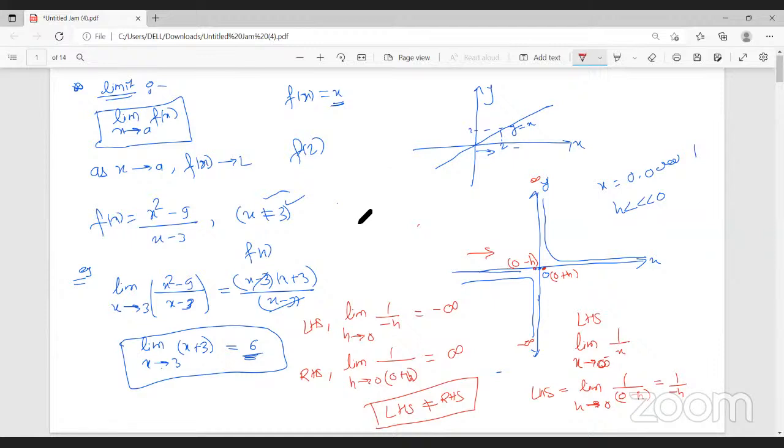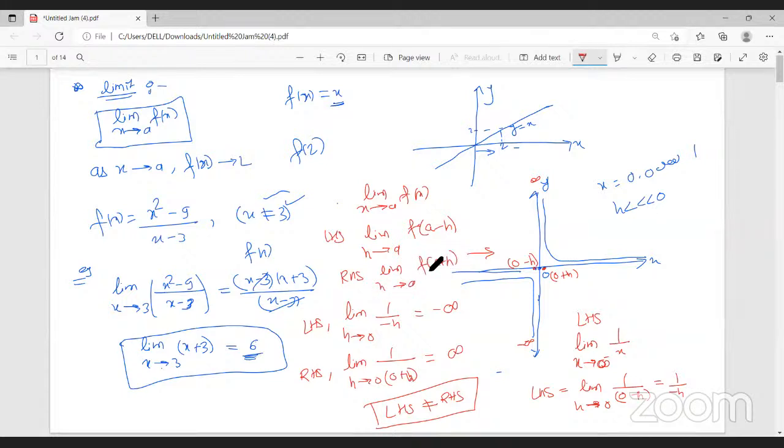So in general, for any limit x tends to a of f of x, I can write it as limit h tends to 0 of f of a minus h or a plus h. For the left hand side I consider a minus h, and for the right hand side I consider a plus h.